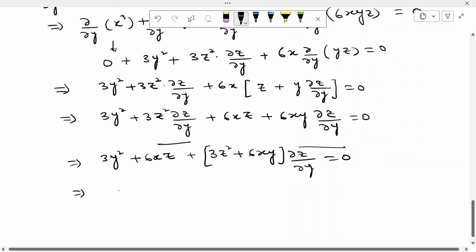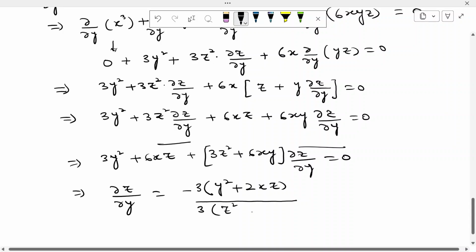So from here you will obtain ∂z/∂y as minus, and you can take this 3 outside, so this is (y² + 2xz) divided by, again you can take this 3 outside, z² + 2xy.